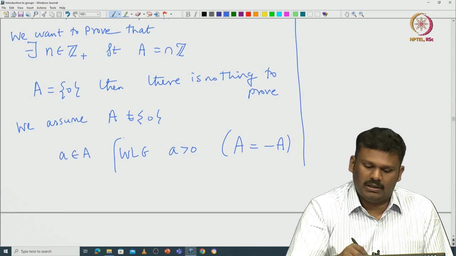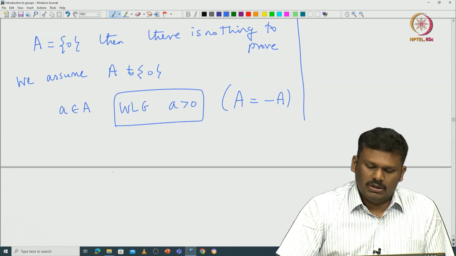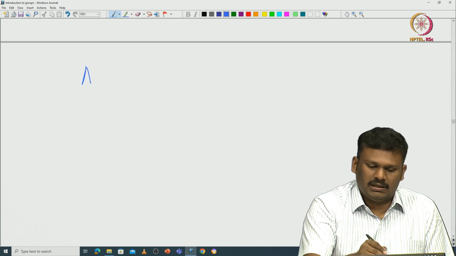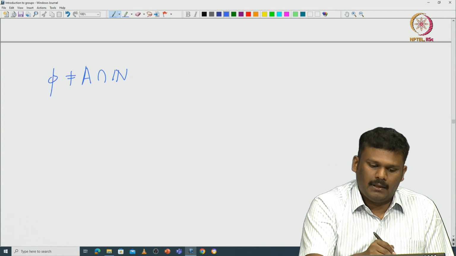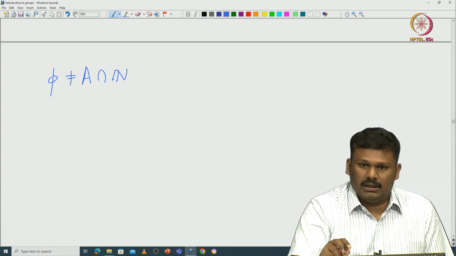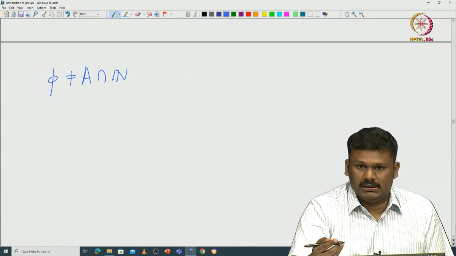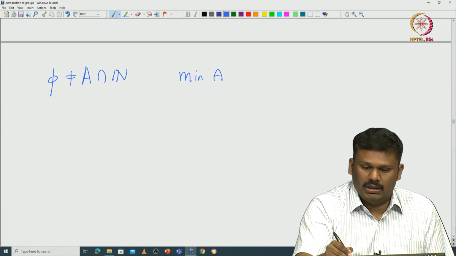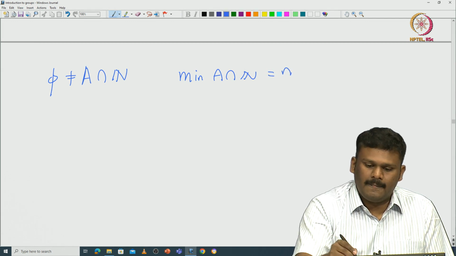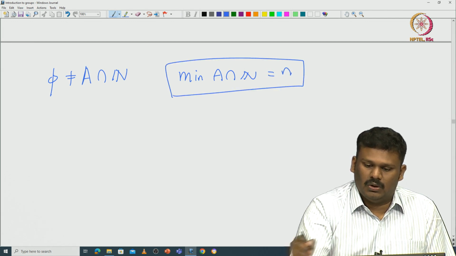So now look at A intersection N, and this is non-empty. Now what does the well ordering principle say? It contains a least element. So I can talk about the minimum of A intersection N, that you call n.